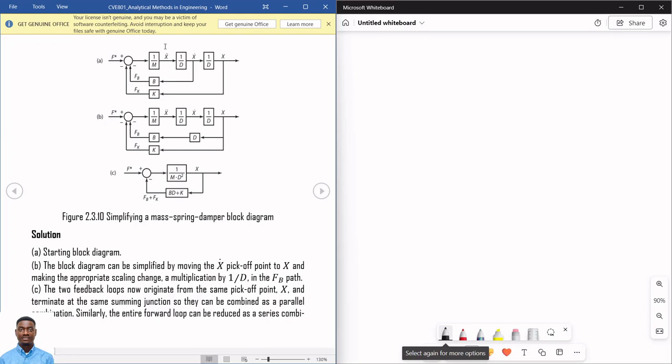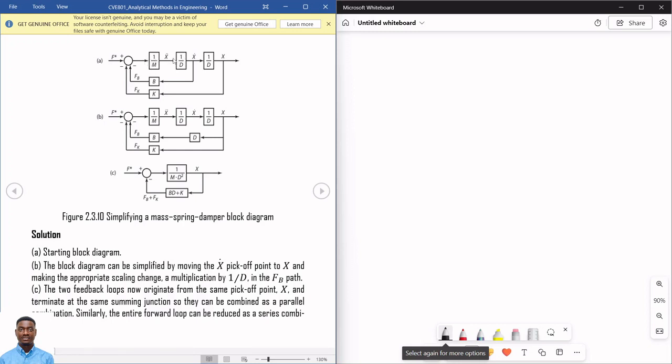So the first thing we are going to be doing here is to look at this very diagram. Where can we use series reduction? Where can we use parallel reduction? Where can we move a pick-off point, either upstream or downstream? Where can we move a block over a summation junction? And if we look at this, we can see here that this 1 over m and 1 over d, these two, they are in series.